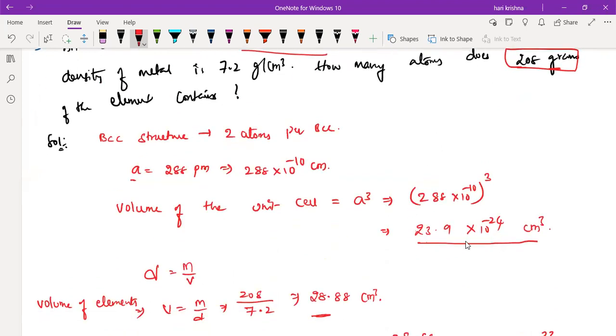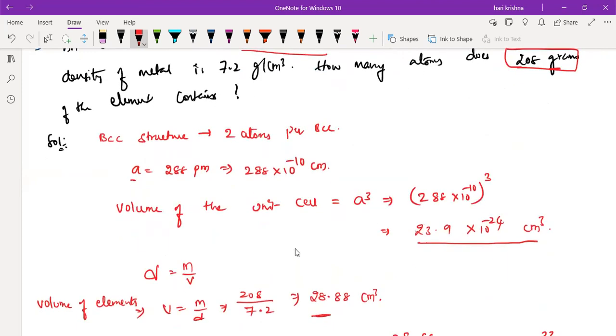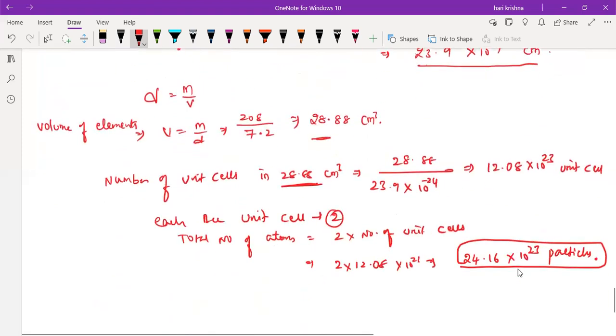Next, they found the volume of the element. Density equals mass by volume, or volume equals mass by density. 208 grams divided by density gives 28.88 centimeter cube. Now dividing the volume of the element by the volume of the unit cell gives 12.08 into 10 power 23 unit cells.